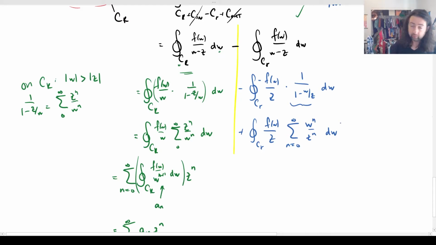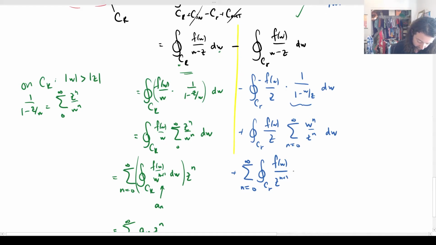Now once again, you can use the M-test combined with a geometric series setup here to show that this must converge uniformly, and so you're allowed to switch the integral and the sum. That's going to get you the sum from n equals 0 to infinity of the integral on the inside circle of f of w over, okay, well there's n plus 1 z's running around.